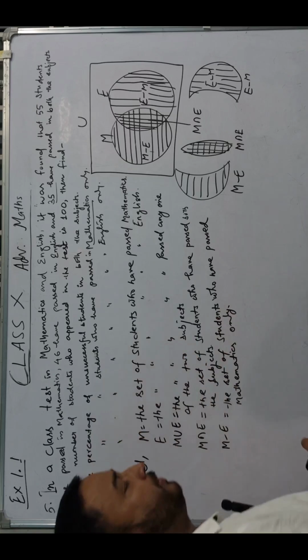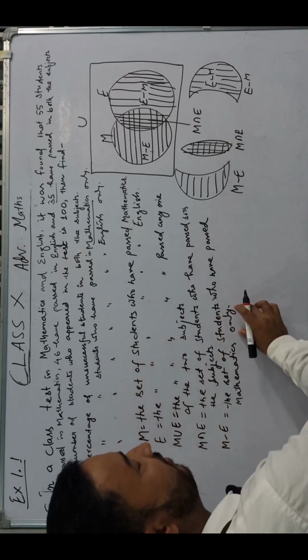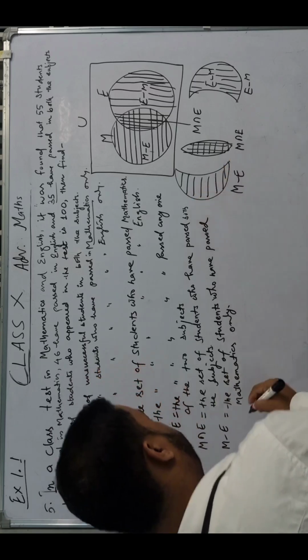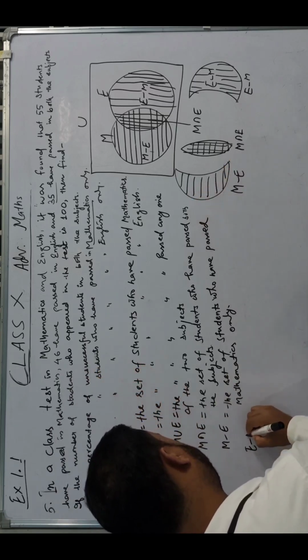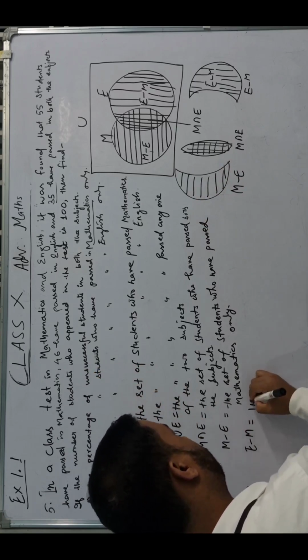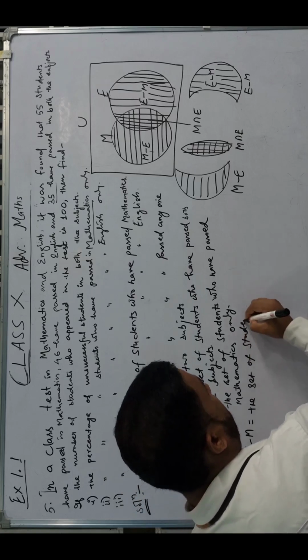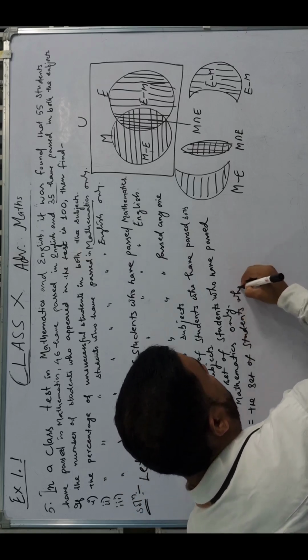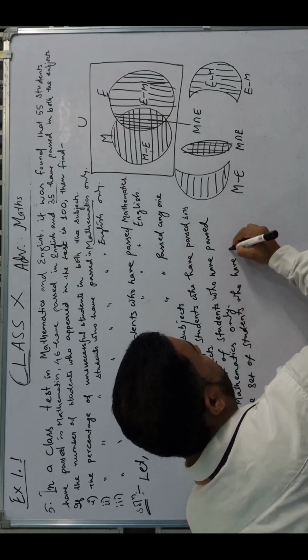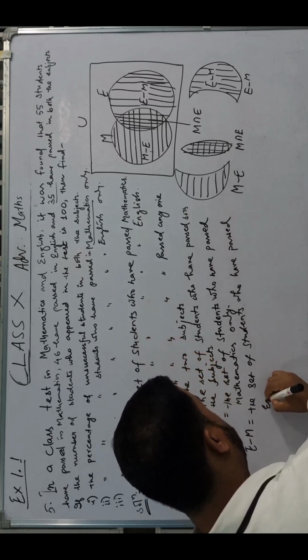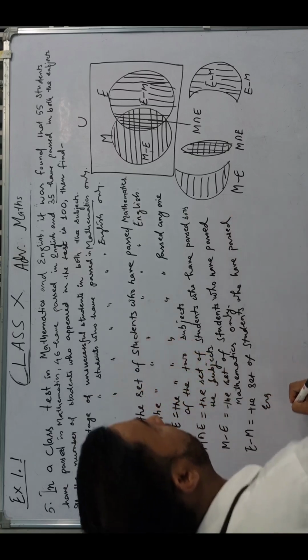This word only should be there. Only mathematics means M difference E. Okay. What is E difference M? The set of students who have passed the subject English only. Okay.